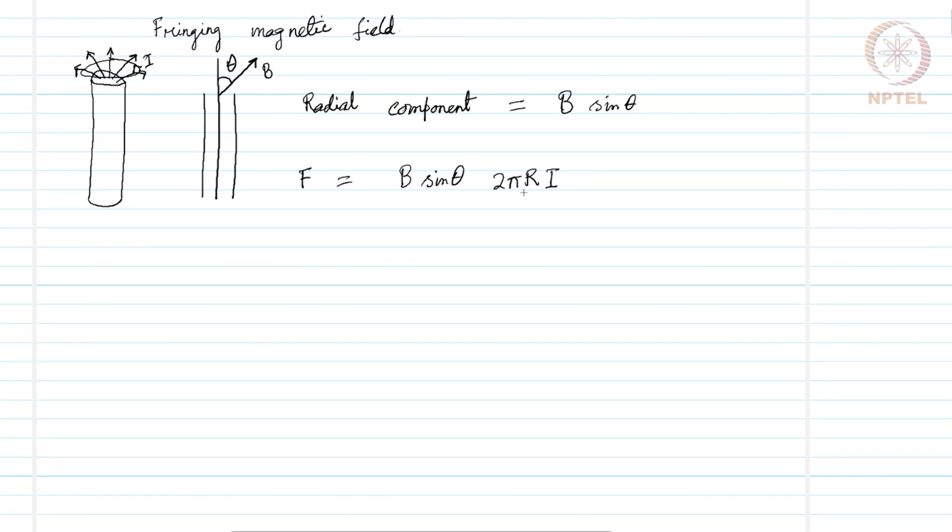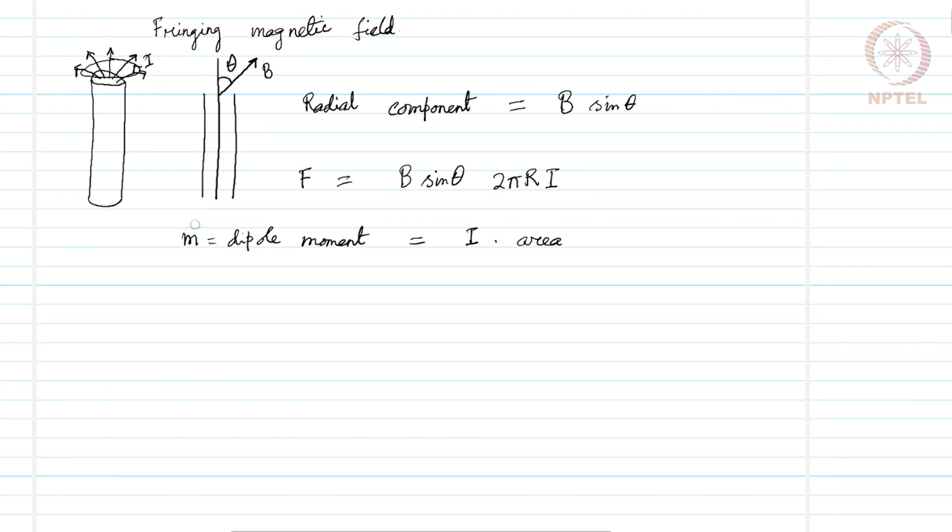Which means for an infinitesimal loop with dipole moment m, where m is the dipole moment, that's given by current times the area.